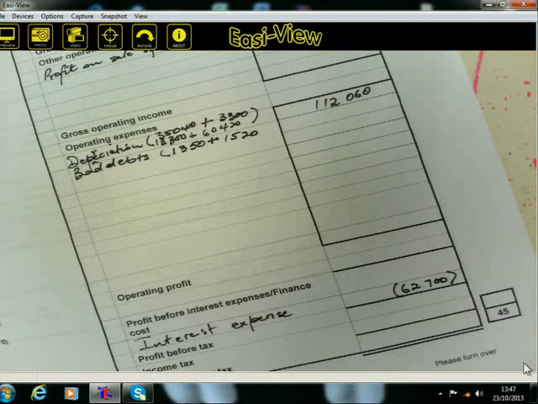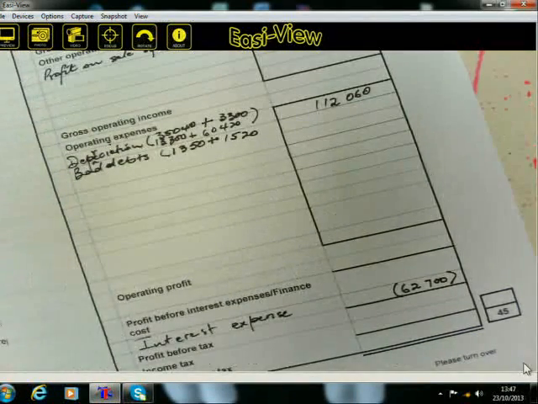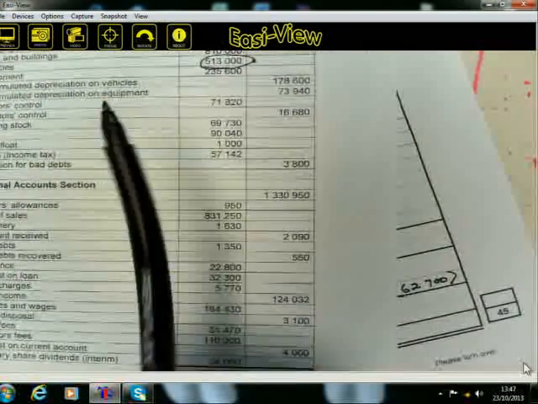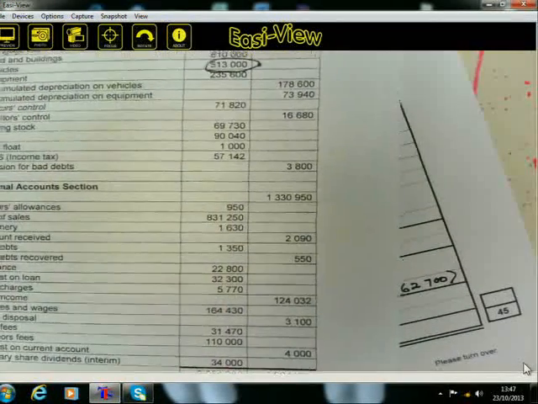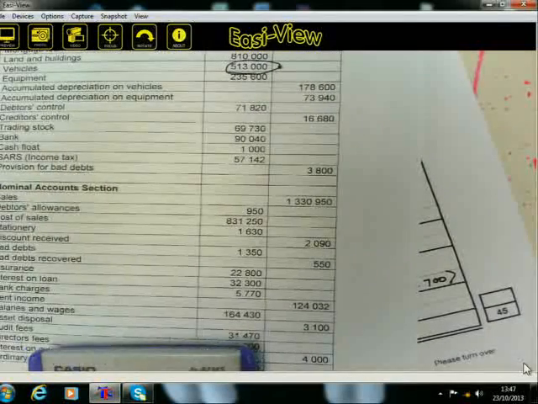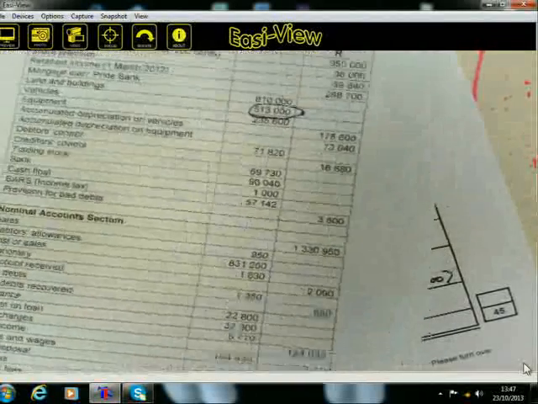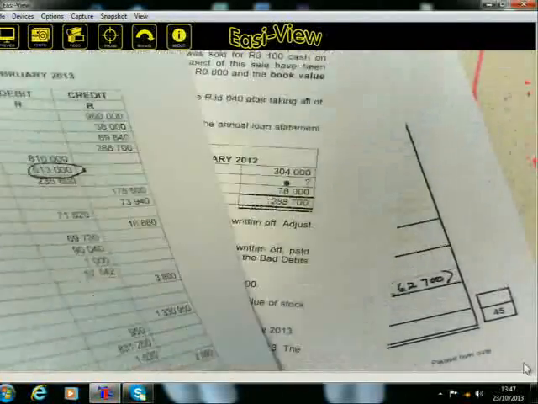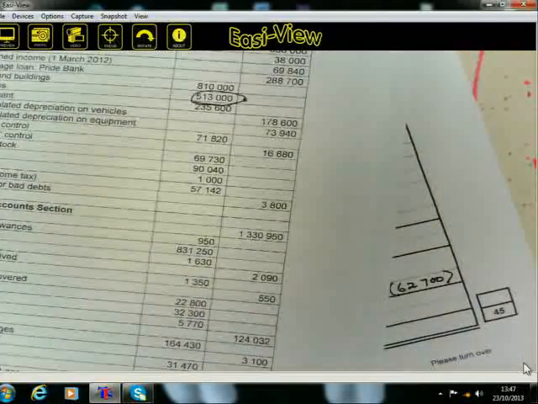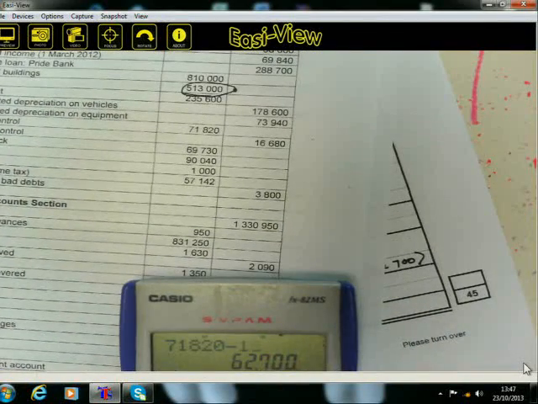Then adjust the provision for bad debts to 4% of the outstanding debts. We have the debtors control. This is the total of the debtors as 71,820. But out of 71,820, we said Kingful is not going to pay us 1,520. So we need to subtract that amount because it's no longer a debtor here.